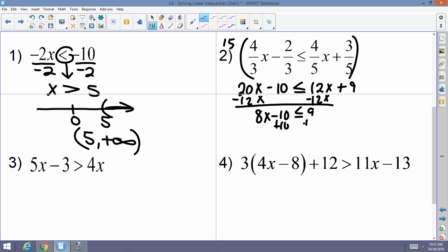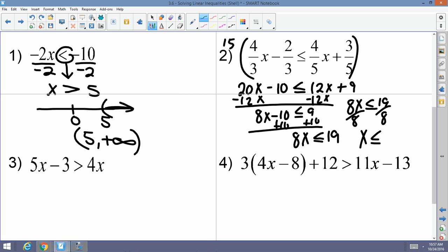Add the 10 to both sides. And I've got 8x is less than or equal to 19. So I've got 8x is less than or equal to 19, divided by 8, divided by 8. X is less than or equal to 2 3/8. Boom.